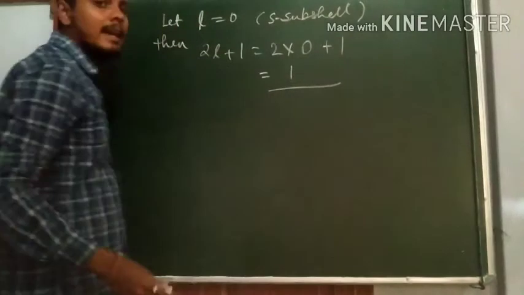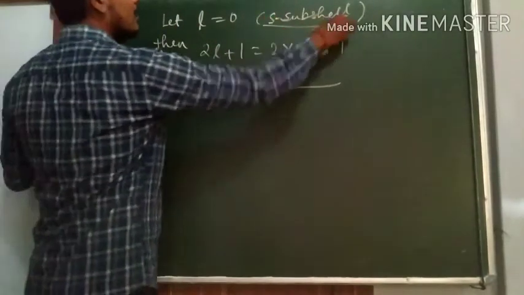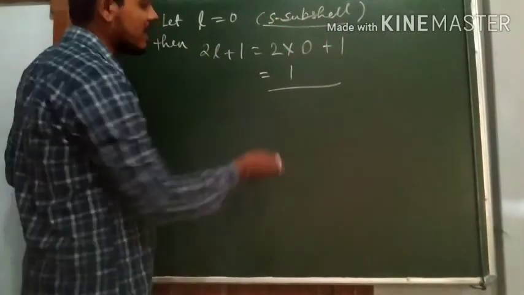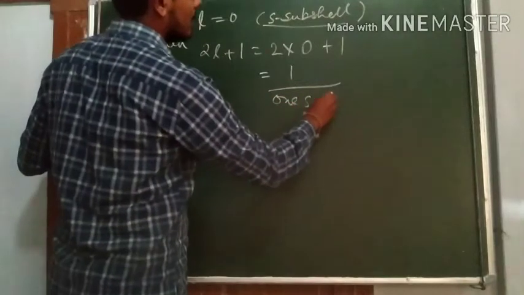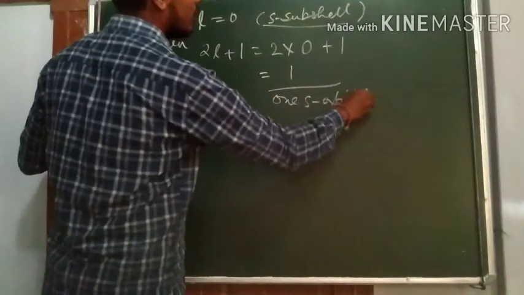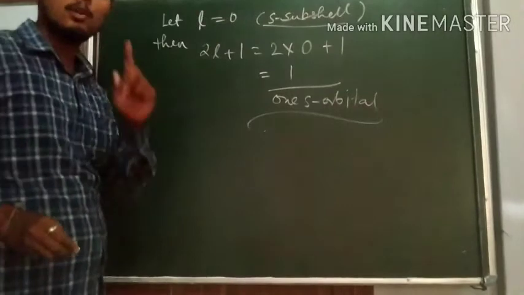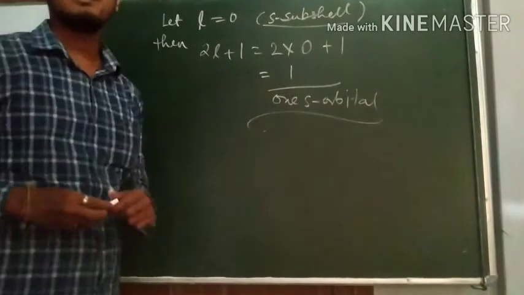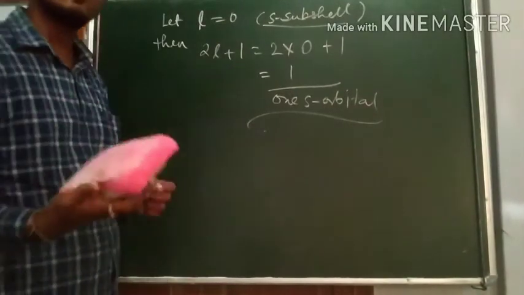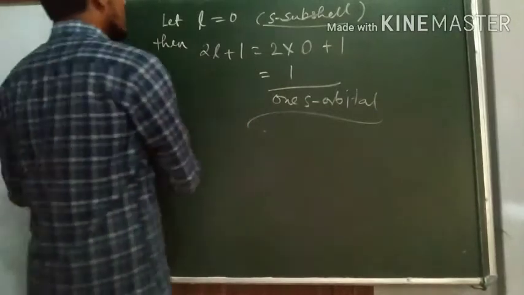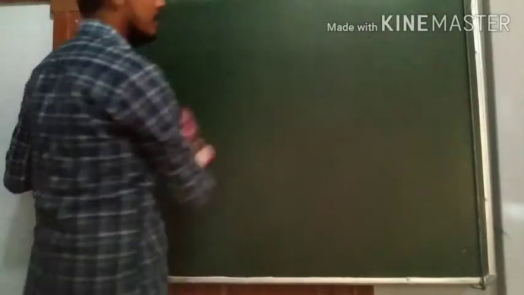That means the S subcell will contain S orbitals. How many S orbitals? One S orbital. So only one S orbital will be present in the S subcell, and that orbital is the S orbital.